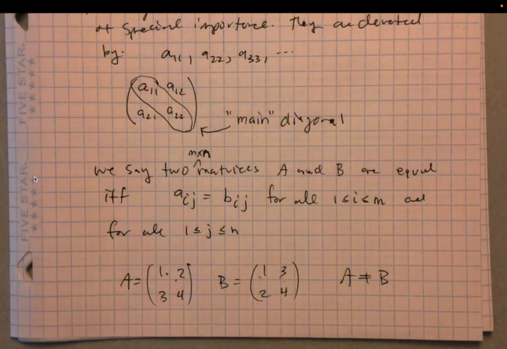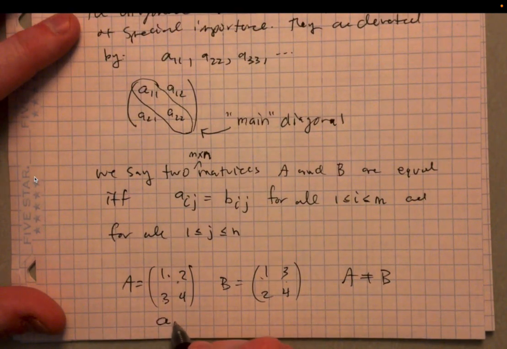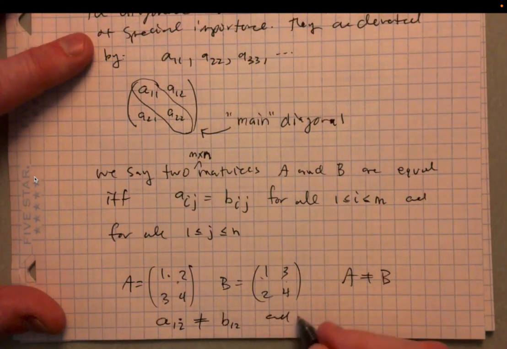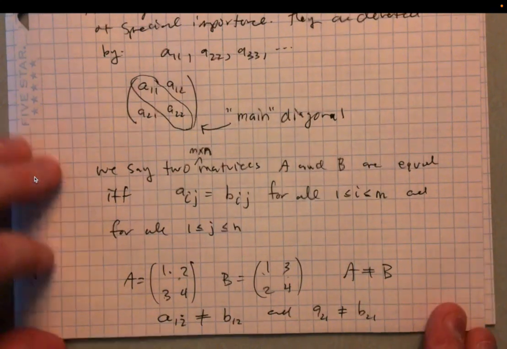So in particular, you could say A1,2 is not equal to B1,2, and you could also say A2,1 is not equal to B2,1. That's a simple explanation of what we mean by equality.